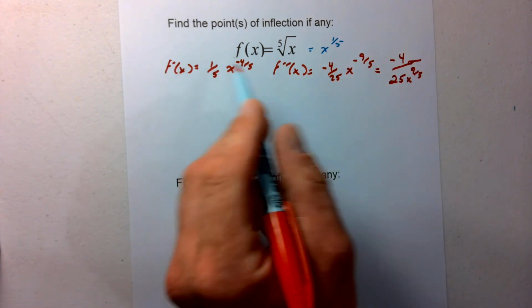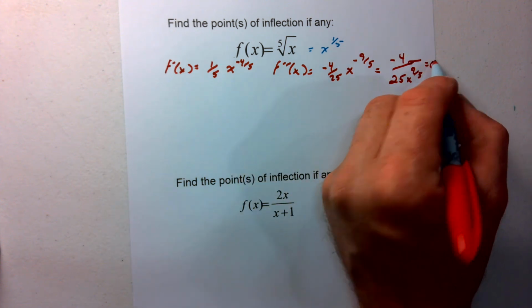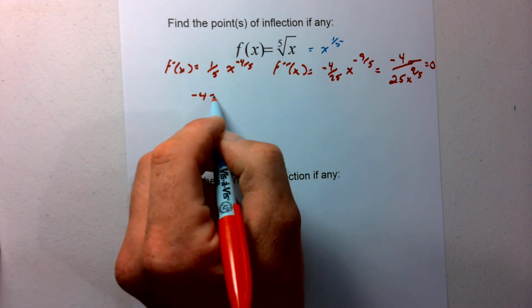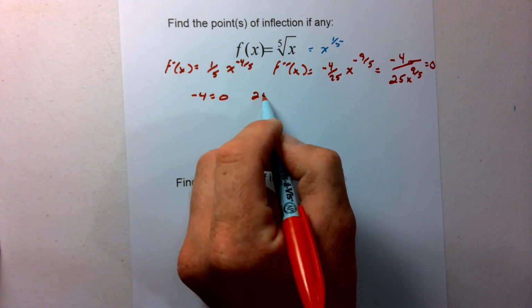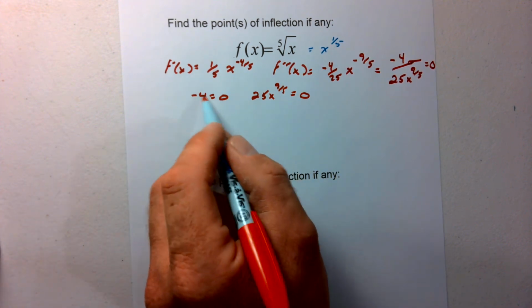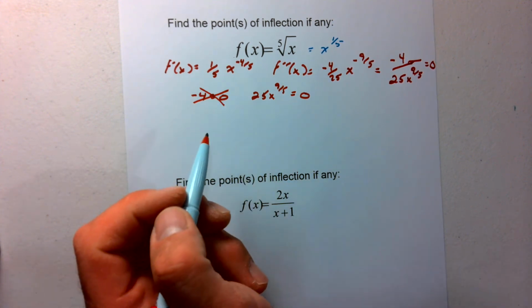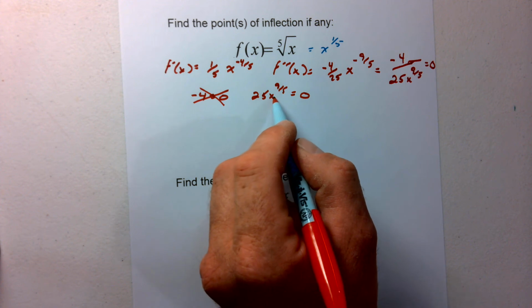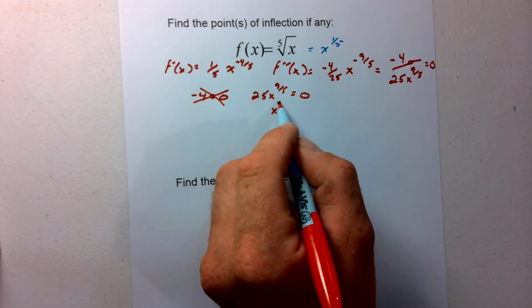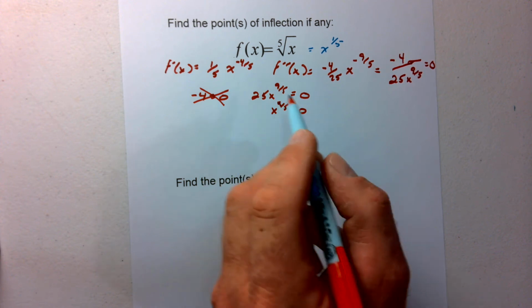I'm going to go ahead and set that equal to 0. We'll run out of room there. But remember, again, we're going to take the numerator equal to 0, and we're going to take the denominator, set it equal to 0 as well. Negative 4 equals 0. That doesn't make sense. We get rid of it. 25x to the 9/5. Divide your 25 over, so we get x to the 9/5 equals 0.